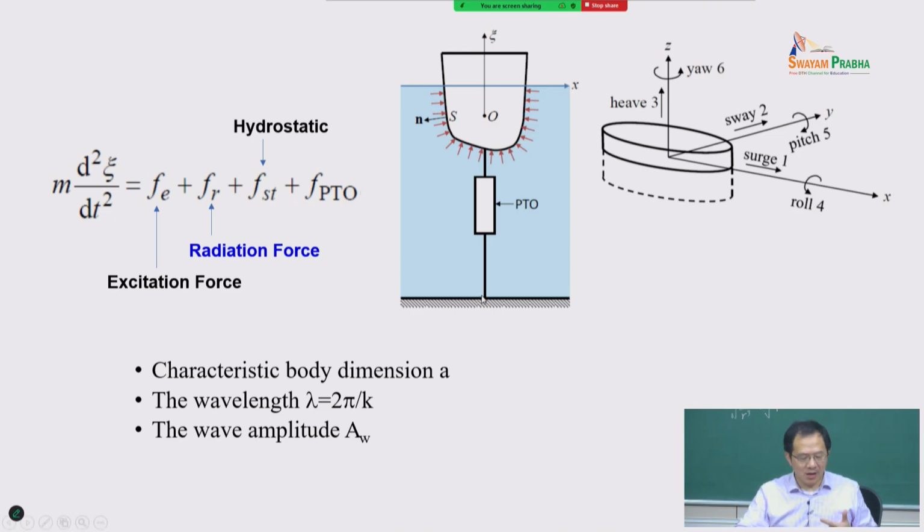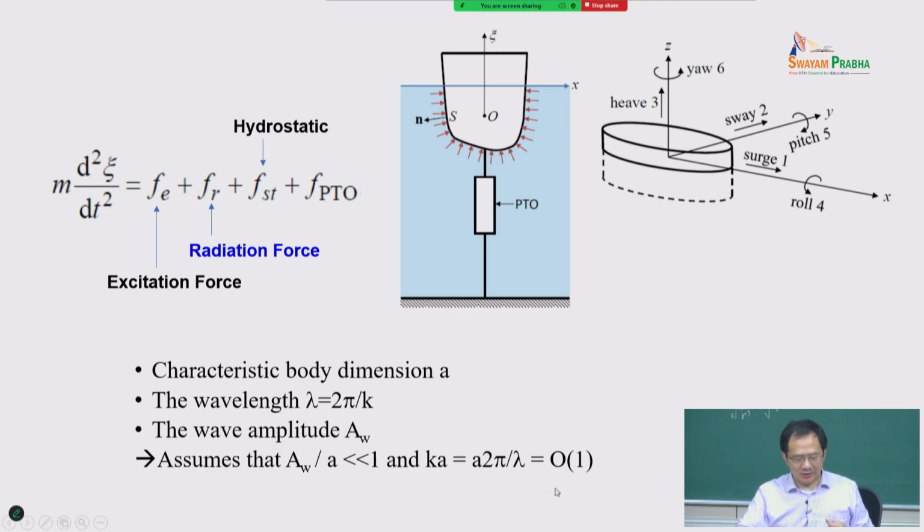For this one, we also have some assumptions. We assume the body dimension is a, the wavelength is lambda, k is the wave number, and the wave amplitude is A. So this is small wave theory.